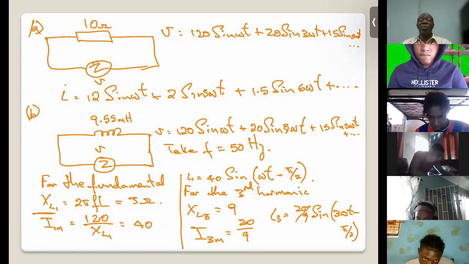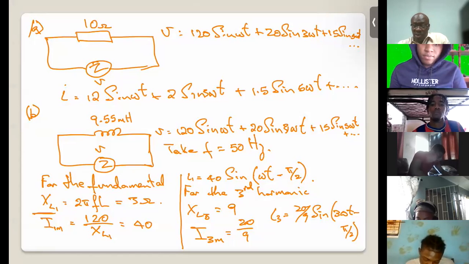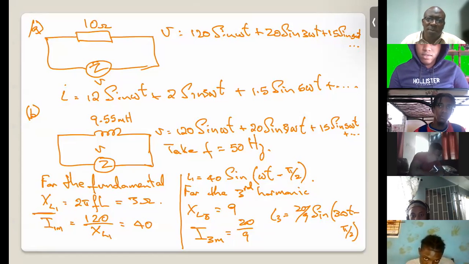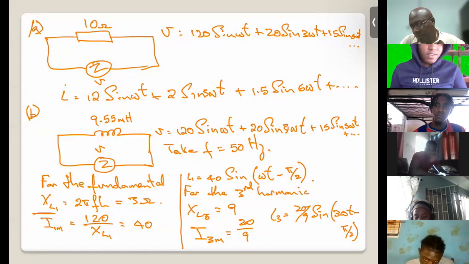I have to understand where you got it from. So once you have established and shown me that you understand how to find XL1, then you write XL3 equal 3, XL1 equal 9. We're done, because I know that you know what you're doing.